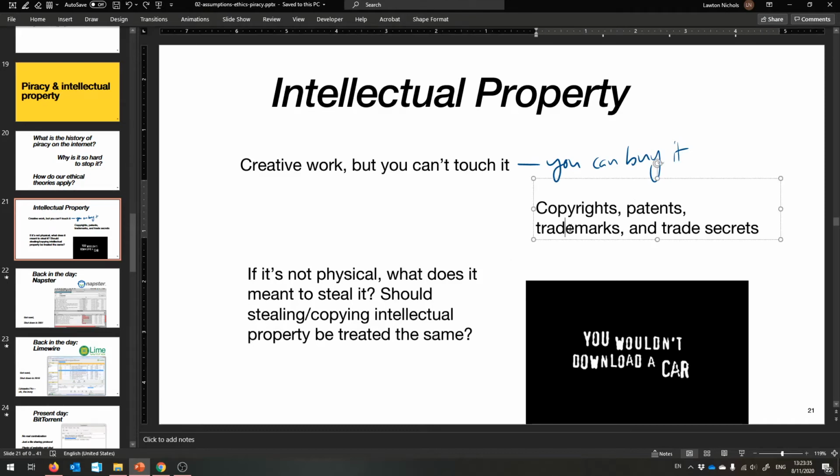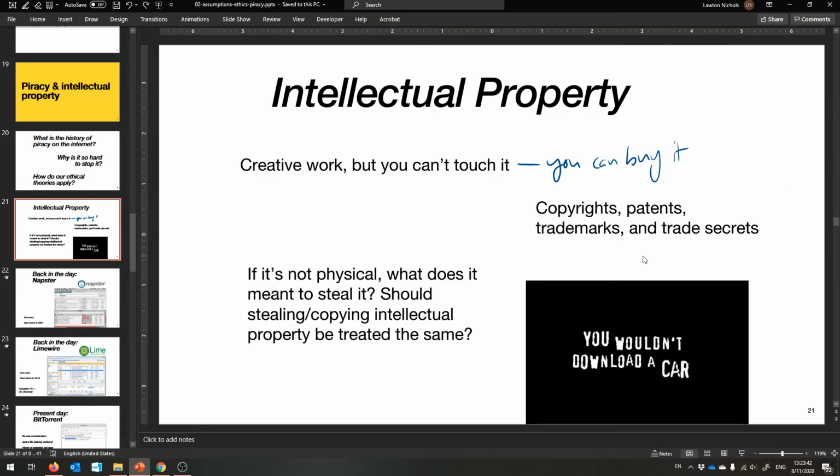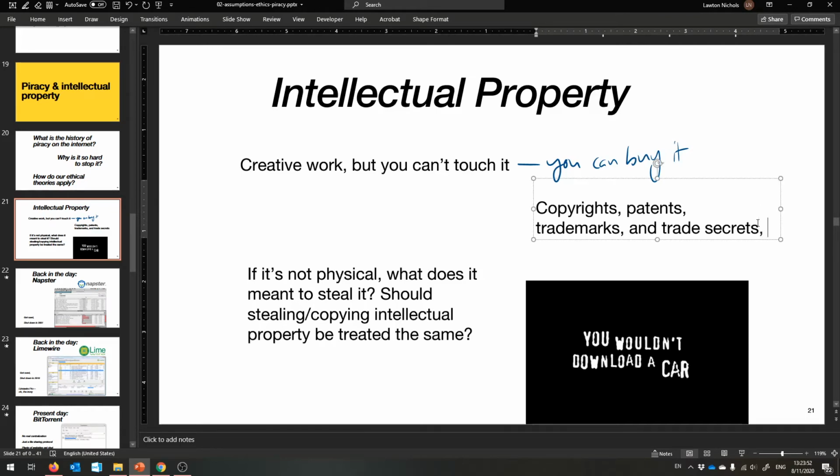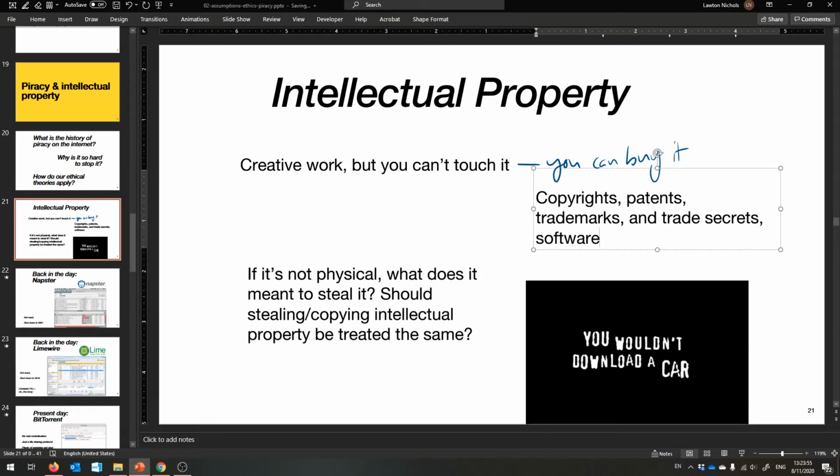And you can't use Microsoft. You can't make a stand outside and call yourselves Microsoft because they've trademarked that name. Okay? Things like that. And yeah, intellectual property is something you can't really touch. So you can think of software as intellectual property, perhaps even music.